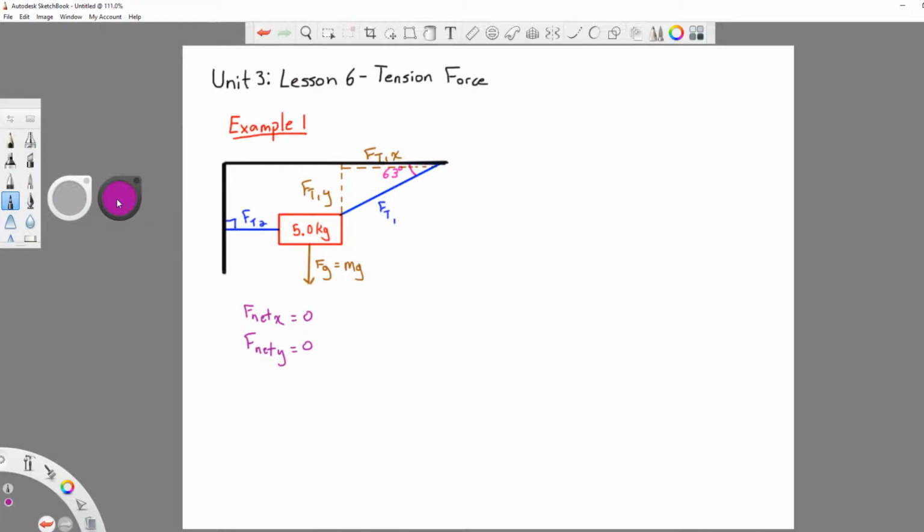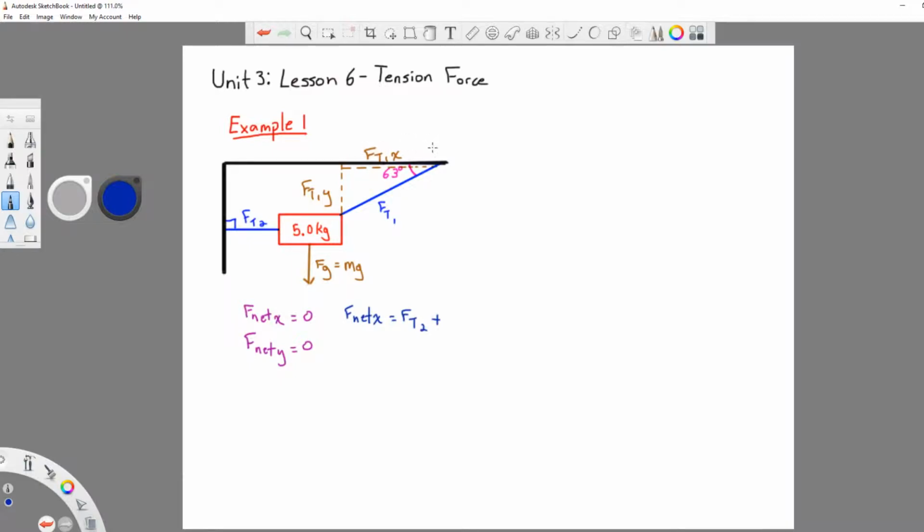Let's do y first. We did x here. F net x is equal to FT2 over on this side plus FT1x on this side.